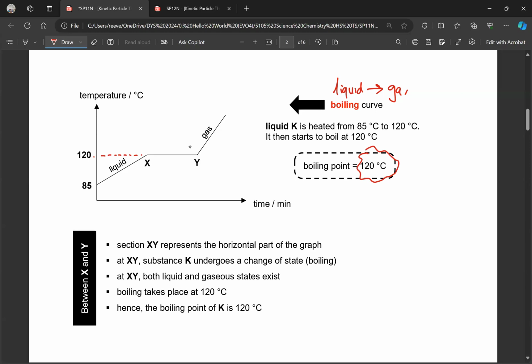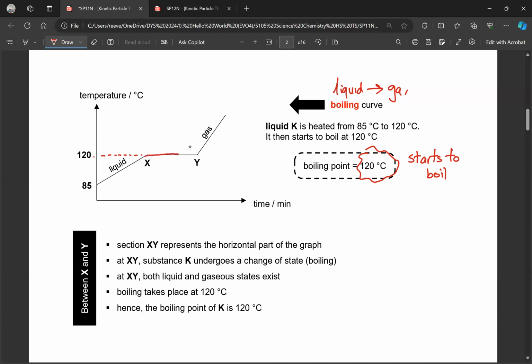What does that mean? It means at other temperatures, maybe at 80, 90, 100, it hasn't boiled. 110 also hasn't boiled. Only at 120 degrees Celsius does the liquid start to boil. So I will write over here, at 120 degrees Celsius, the liquid will start to boil, and I call this the boiling point.